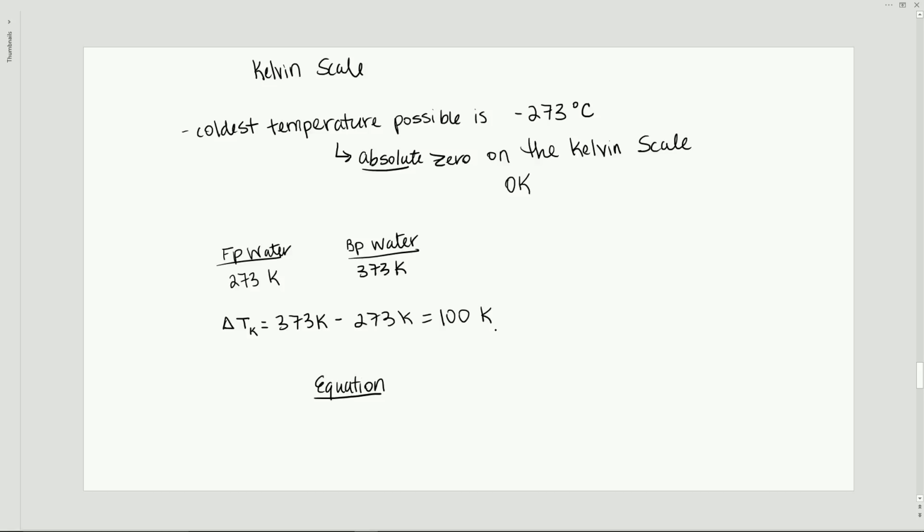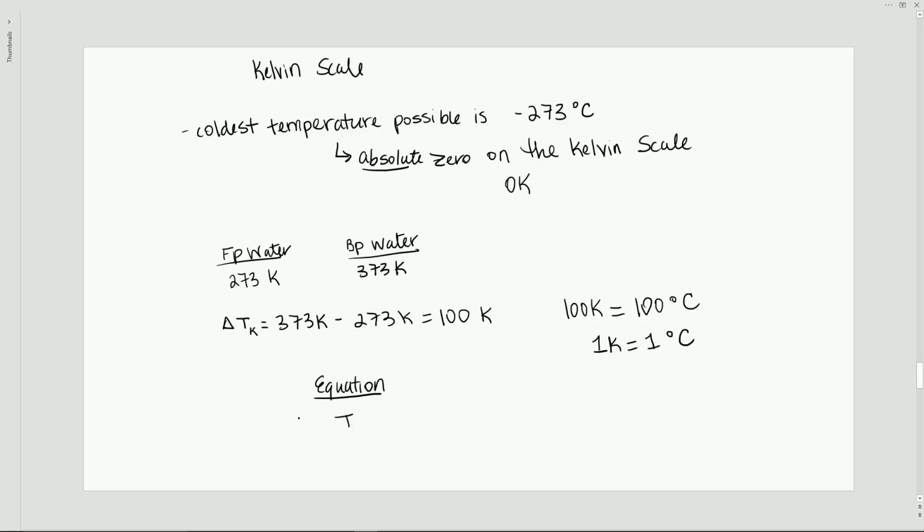So that means that there is a difference of 100 Kelvin, which is equal to 100 degrees Celsius. So 1 Kelvin equals 1 degree Celsius. Okay, so we can find our equation. We can convert from Celsius to Kelvin by just adding 273.